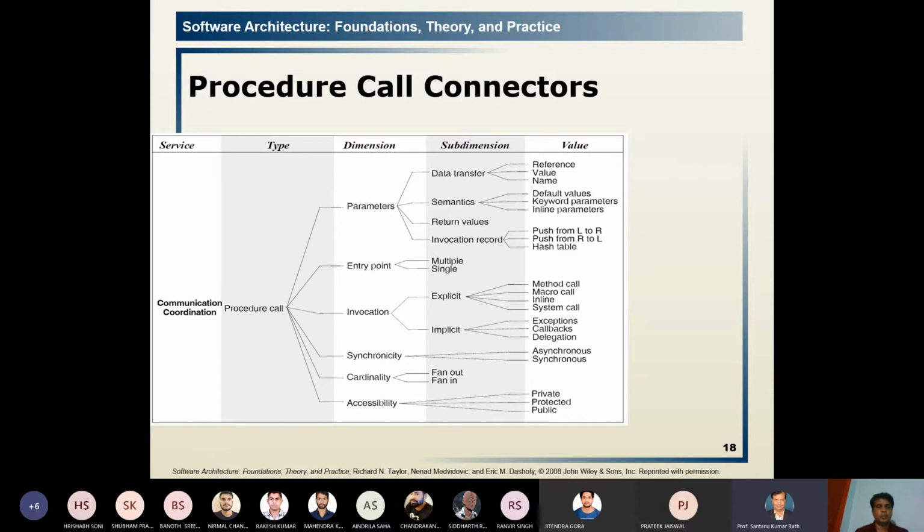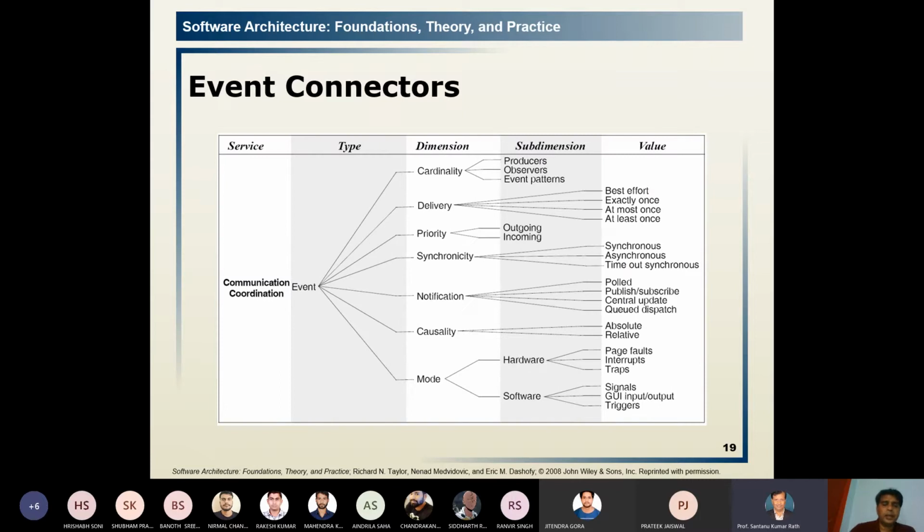Here the procedure call connector is done. Now the type is event. Out of the 8 types, first one is the procedure call, next is the event. In the event, what type of service does this connector provide? Here the connector provides service as a communicator and as a coordinator. And what are the dimensionalities?